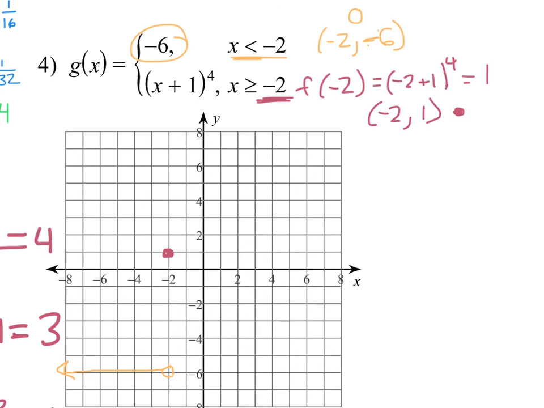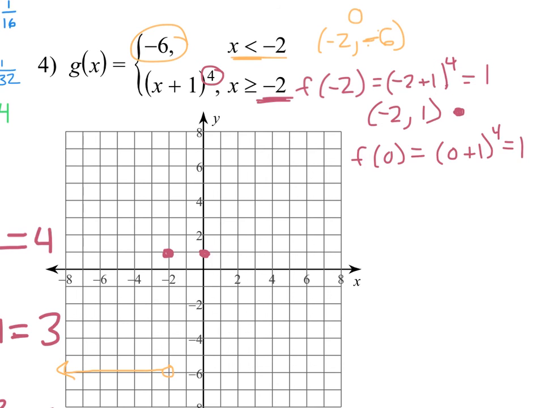Next, we need to plug in another point. We can plug in 0. So we have f of 0 is equal to 0 plus 1 to the 4th power, which gives us 1. So when we plug in 0, we get 1. We see that we have a graph that's x to the 4th power, so we know this isn't going to be a straight line like this, so we need to plug in more points to see what exactly this graph is going to be doing.